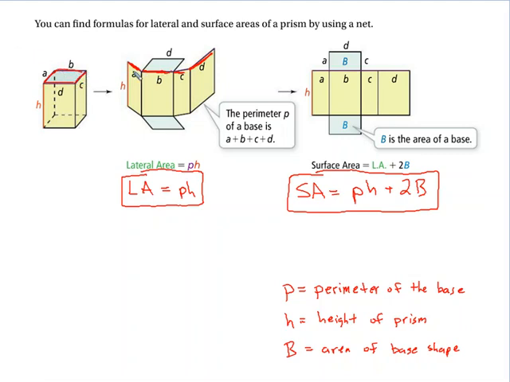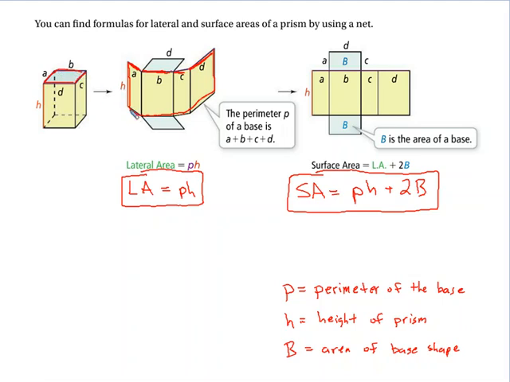And so if you now want to see the yellow rectangles together as one large rectangle, and I know it's kind of bent here, but if you think about it, that's just one big rectangle. The one dimension is the height of the prism. The other dimension is the total combined perimeter of the base shape.